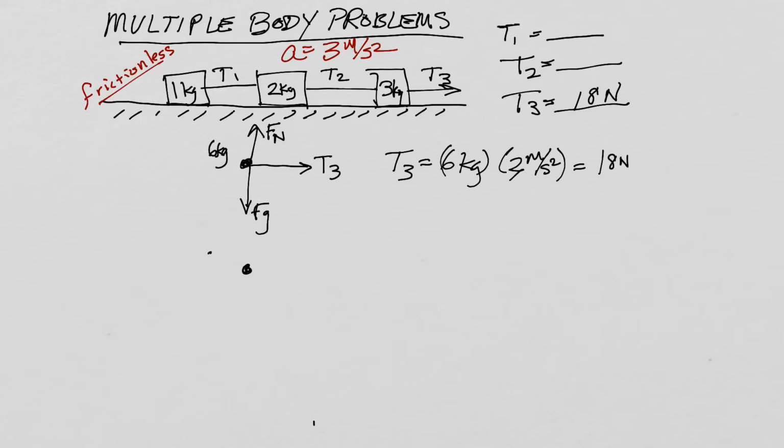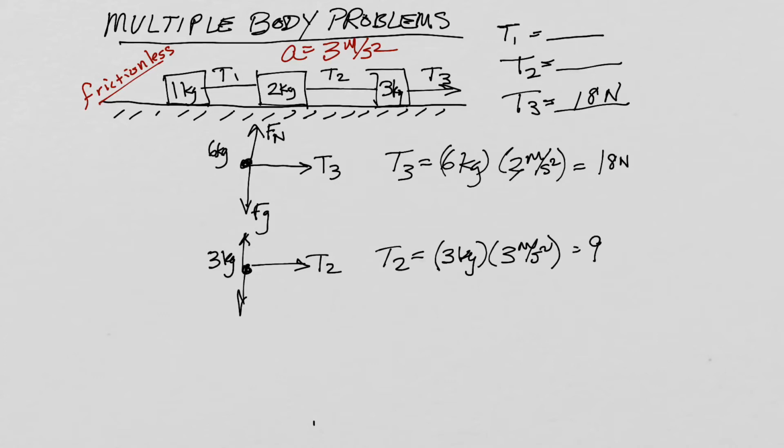So I can say that's 3 kilograms, and it gets pulled by T2. Yes, there's a normal force and another force down for weight, but I really don't care. T2 equals 3 kilograms times 3 meters per second squared, which equals 9 newtons.